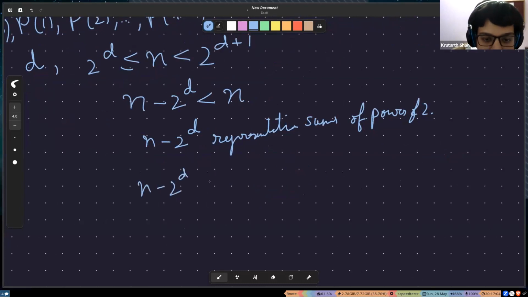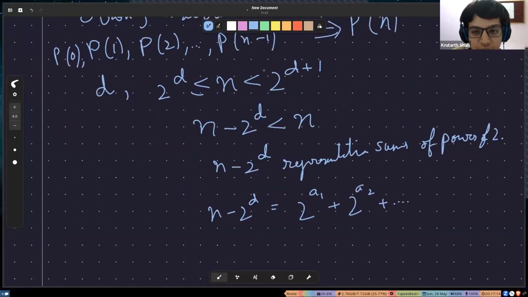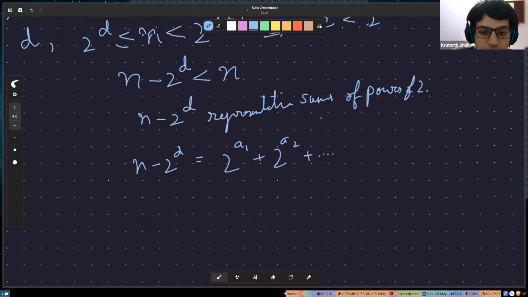Right. So I can write n minus 2 to the power of d as 2 to the a1 plus 2 to the a2, and so on, for some even a2. The idea here is that since I know this inequality is true, n minus 2 to the power of d is strictly less than 2 to the power of d.